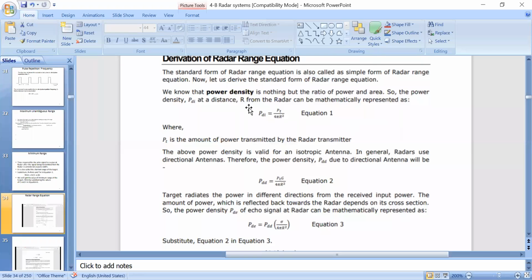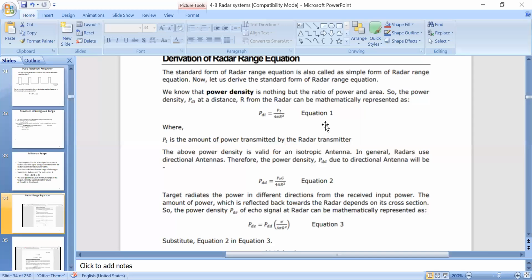Assume initially our source is an isotropic source or isotropic radiator, or you may call it an isotropic antenna. What do you mean by an isotropic antenna? The antenna which radiates its energy equally in all directions. Such a type of antenna is called an isotropic source or an isotropic radiator.